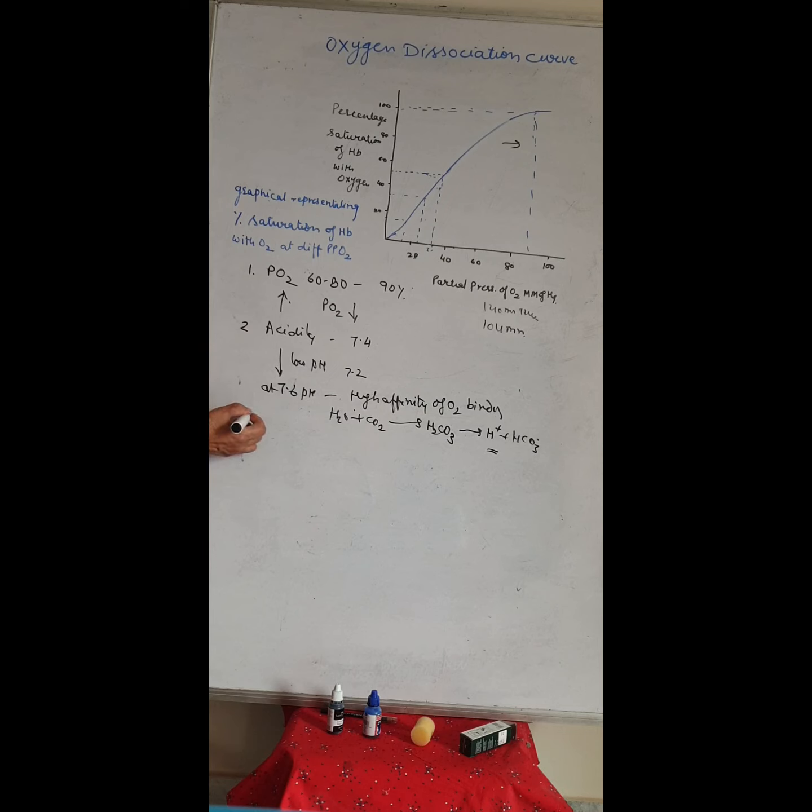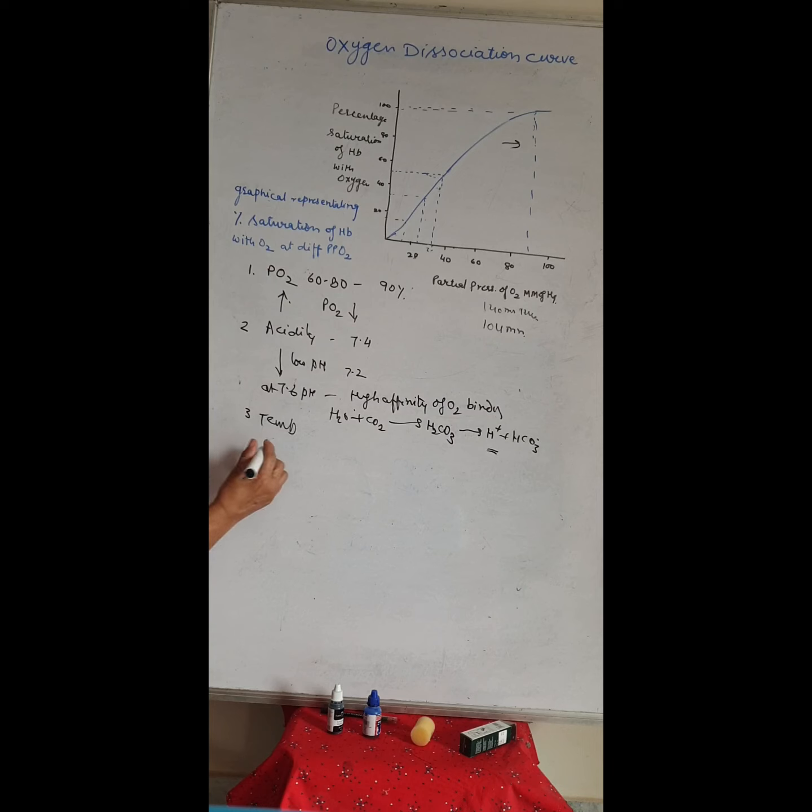Number three, temperature. The first is partial pressure of oxygen. Second, acidity: low pH, less affinity of hemoglobin, and the percentage saturation is less. Number third, the temperature.